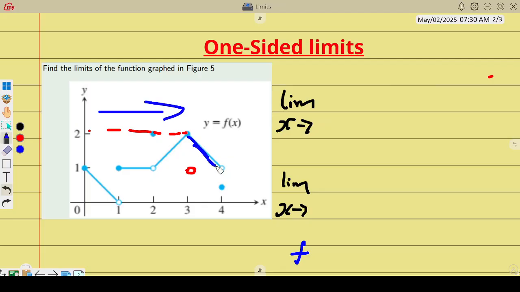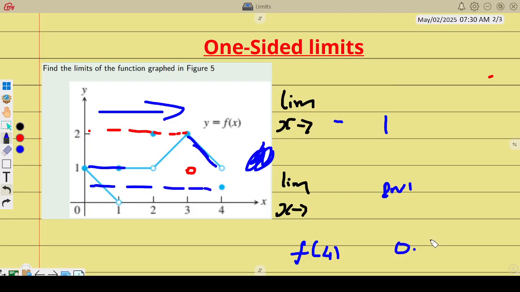So from the left hand side, it is at 1. What about from the right? There's no graph on the right of 4, so it does not exist on the right. And then f of 4, where is it dotted? It is dotted at 0.5. You can see these values are not uniform, they have to be the same. So therefore this limit does not exist.